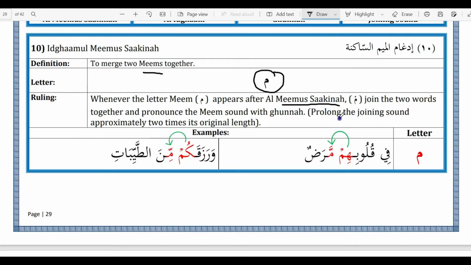That means prolong the joining sound approximately 2 times its original length.